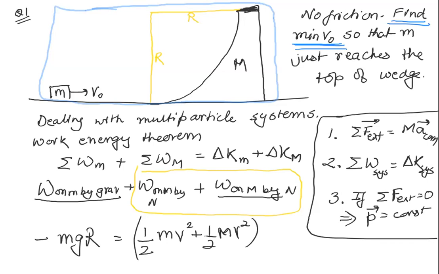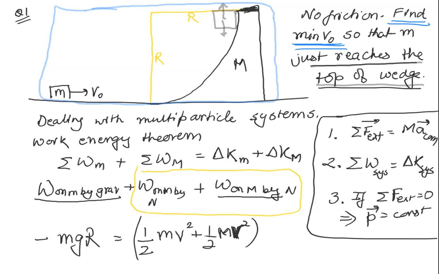Why is it that I have taken their velocities to be same? The reason is that m just reaches the top of the wedge. This means that the final location of m is going to be somewhere here, and since it is at the highest point, its velocity in this direction will be 0.